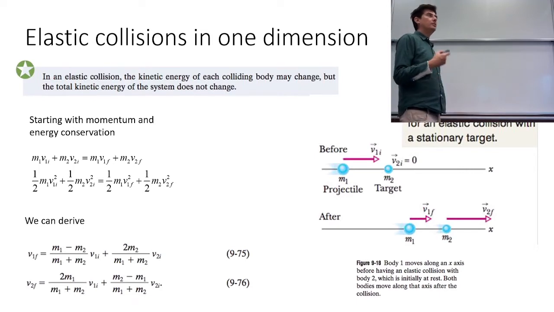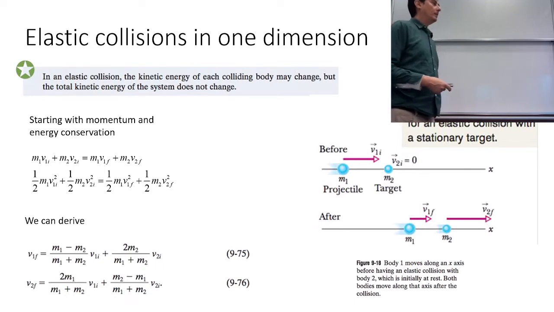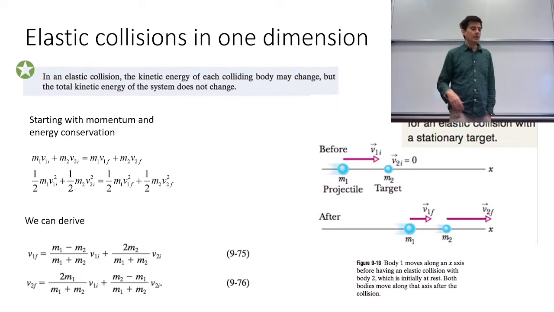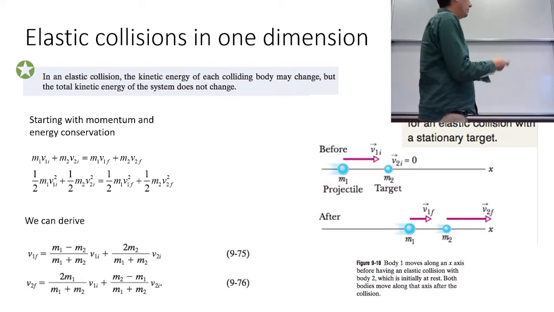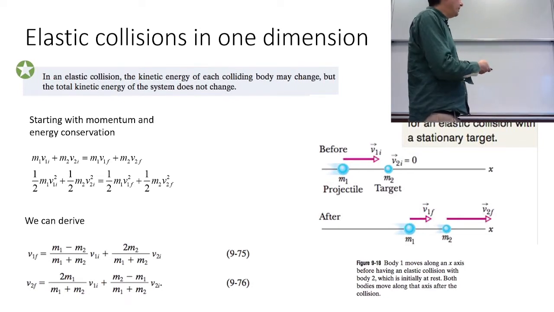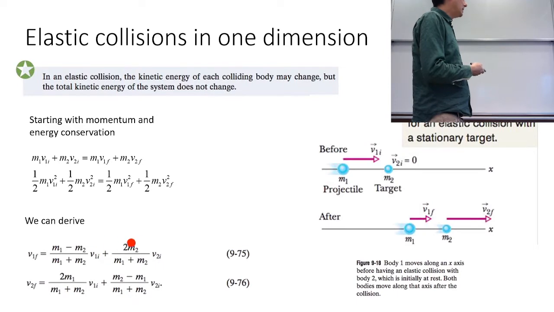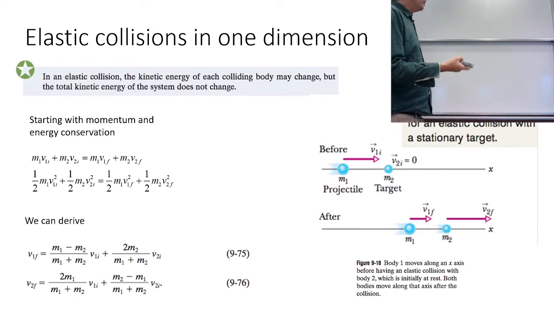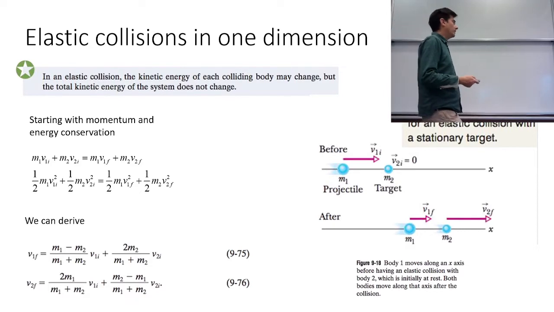In physics, when you derive some formula, a common thing to do is look at the limiting cases, because the general case is often pretty complicated, as it is in this example. You've got these factors of masses, and it's not totally obvious by looking at this formula what the basic behavior is. So it often helps to look in some limiting cases.